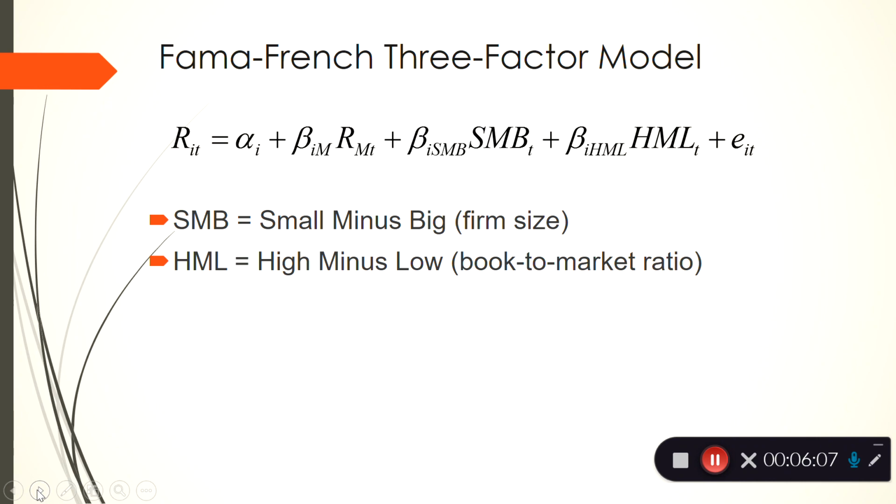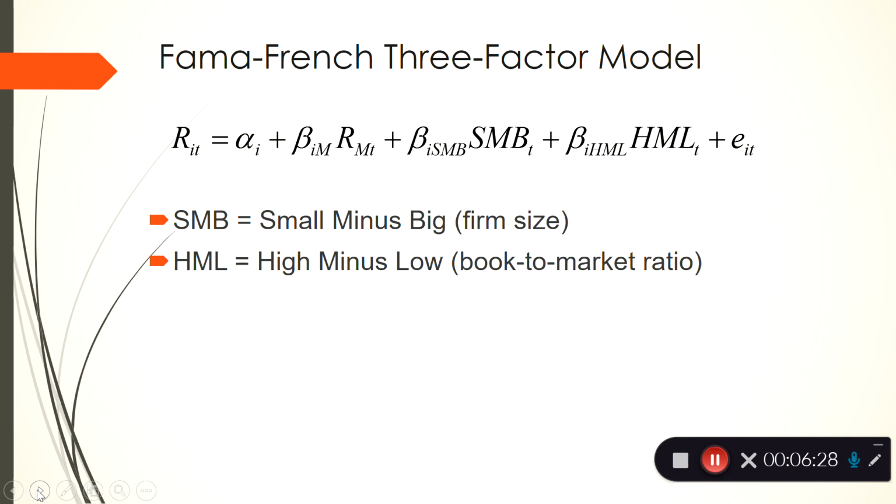And then the beta of the market, and then small minus big, which is SMB, that's how they abbreviate it, and that's a measure of firm size. And then high minus low, HML, is a market to book ratio. These pieces of information are available online, and I'll show you how to download the SMB and the HML variables.